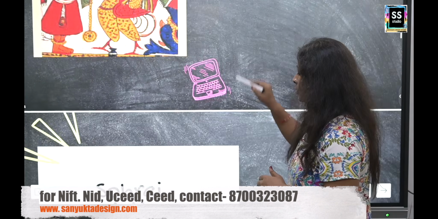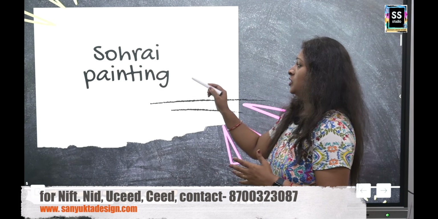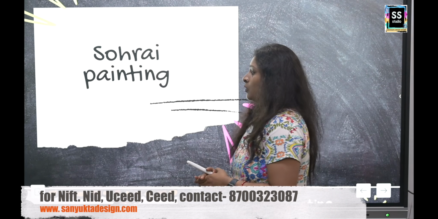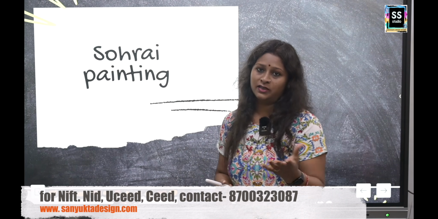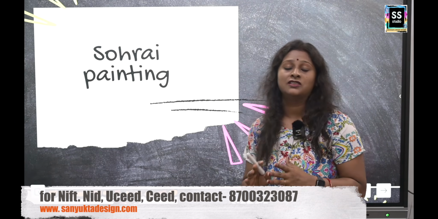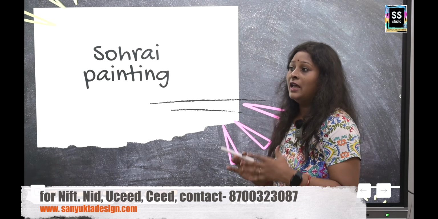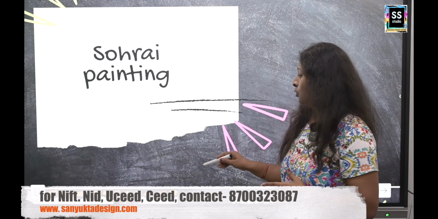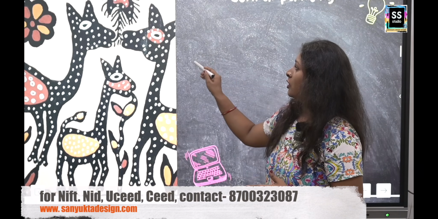Now let's move forward to our next painting, which is Saurai painting. So if you belong to Jharkhand, आपको पता होगा Saurai painting is the major art form practiced there in the villages of Hazaribagh too. Now what do we have in Saurai painting?